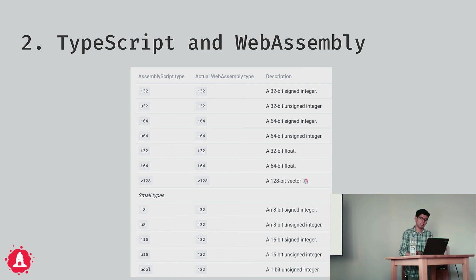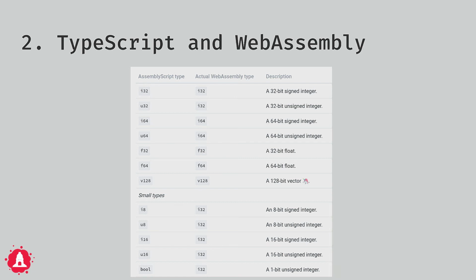Basically, AssemblyScript consists of those types. Those types are customized. They're part of the API of AssemblyScript, but they match the WebAssembly type system perfectly, for example with integers and unsigned integers, and so on.